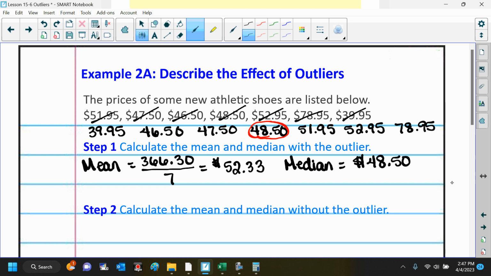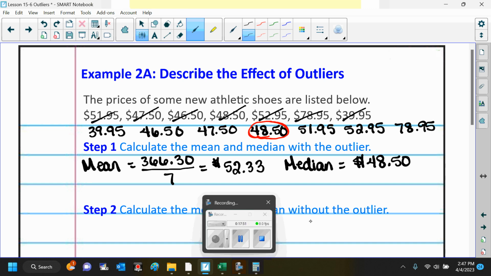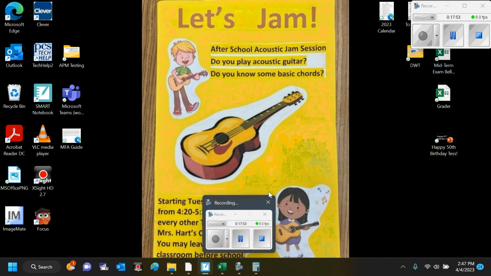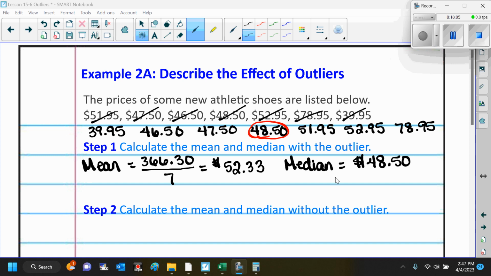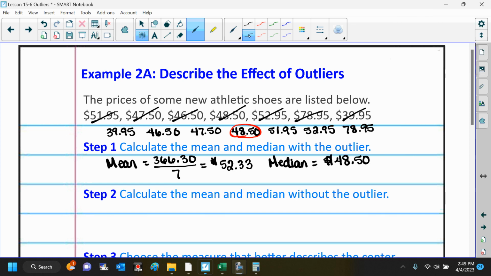So the mean is $52.33. The median is $48.50. So now we want to see what the effects are if we take that outlier out of the data. So now we want to calculate the mean without the outlier.